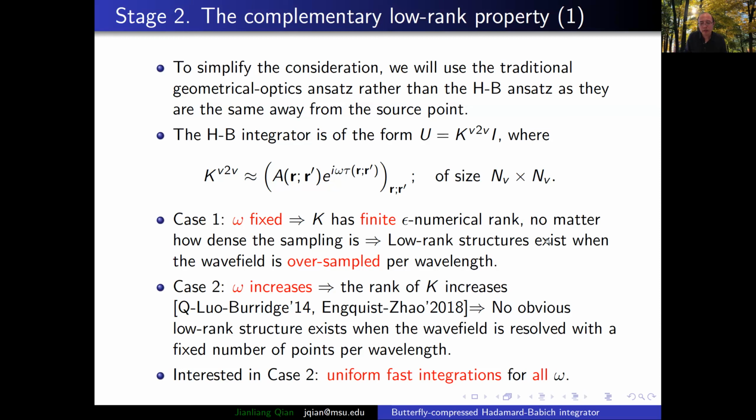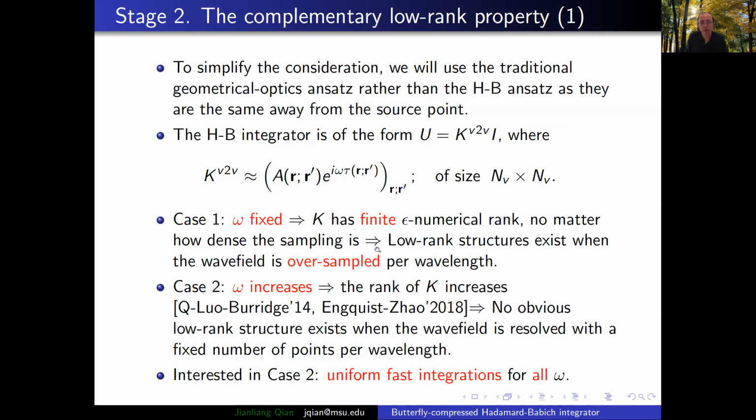However, that low rank structure exists only when the wave field is oversampled per wavelength. That means the intrinsic degree of freedom depends on omega. If the frequency omega does not change and you oversample, your kernel matrix becomes larger, but the intrinsic degree of freedom didn't change.